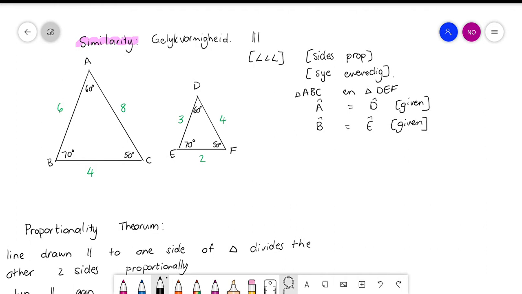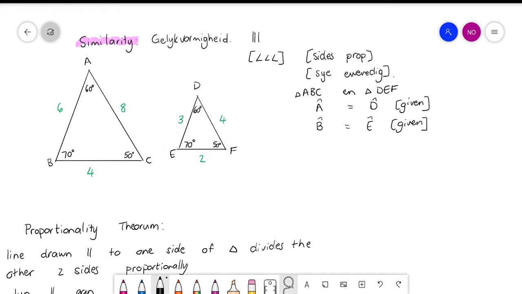Something more complicated. Maar altyd wanneer jy wil bewys dat twee driehoeke gelykvormig is aan mekaar en jy gebruik die hoek metode, hoef jy net twee stelle hoeke gelyk aan mekaar te bewys. Because if you've proven that two of the angles from each triangle are equal to the other triangle's angles, then it means that the third set of angles must also be equal.